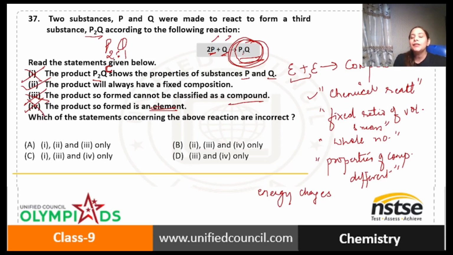But here it is formed by the combination of elements, so definitely it's a compound, not an element. We need to tell which of the statements concerning the above reaction are incorrect. So the option which states 1, 3 and 4 will be the right answer. That means option C is the right answer.